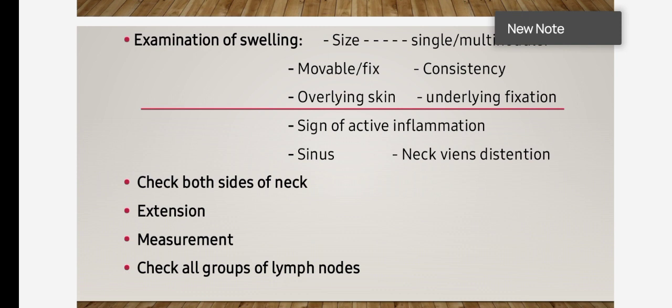Must examine all groups of lymph nodes like submandibular, submental, pre and post auricular, occipital, axillary, and inguinal. Also check the consistency of the lymph nodes: either they are discrete, rubbery, nodular, tender, unilateral, or bilateral.